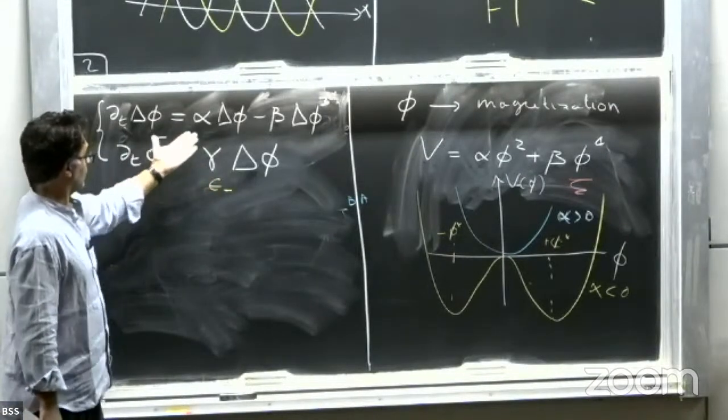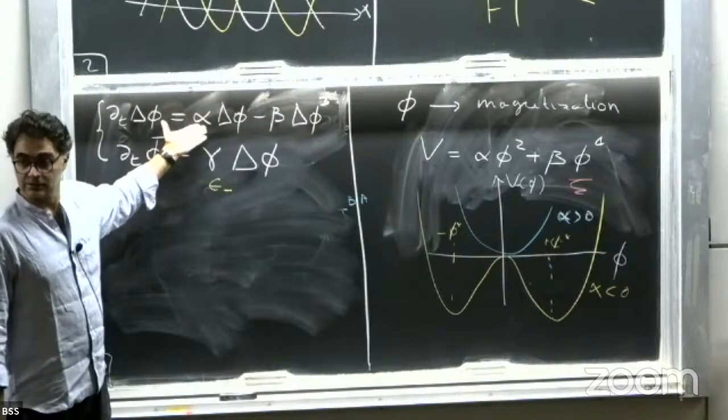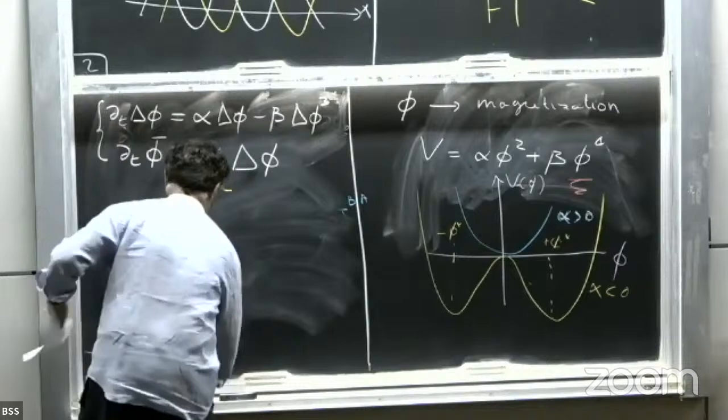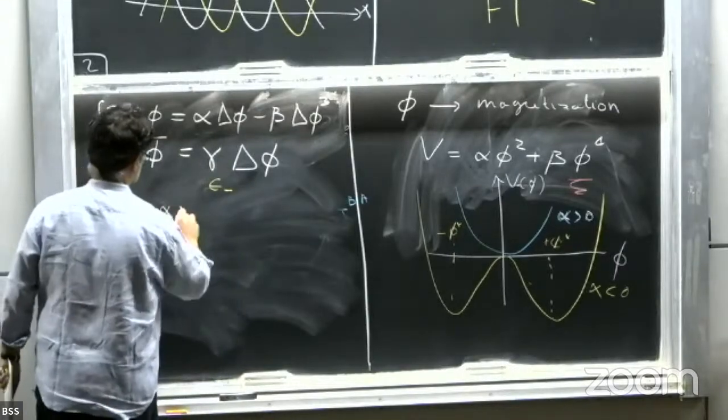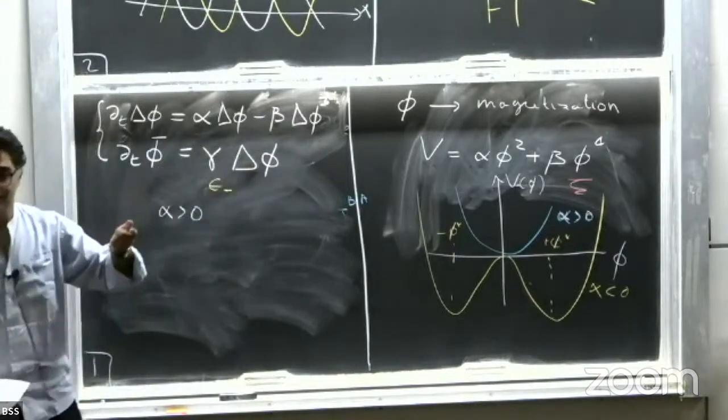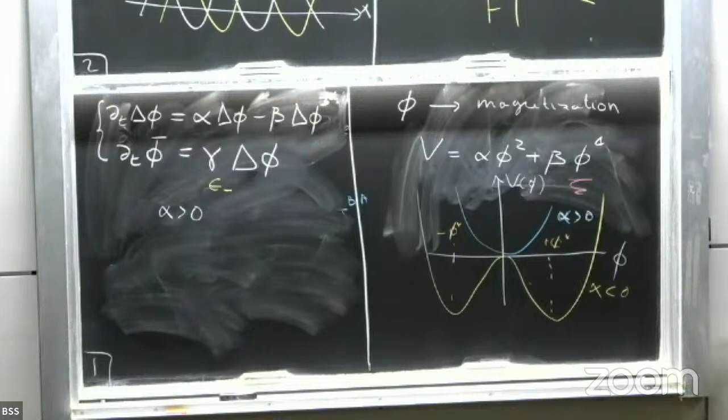But what is the scenario? Well, it will depend on alpha, right? Because if alpha is greater than 0, what happens? Anybody? Think of rewriting this as the gradient of a Mexican hat potential.